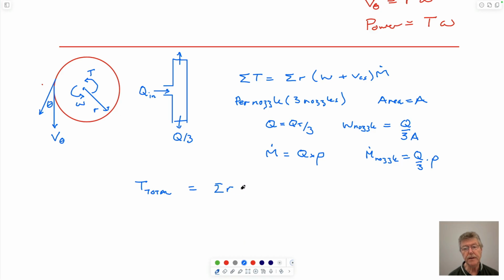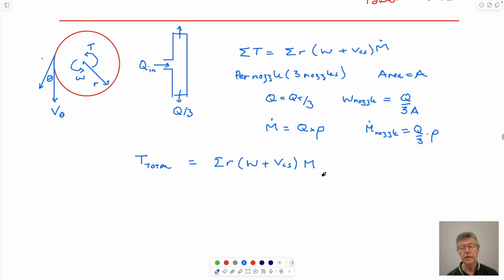Sum of radius times the velocity out of the system plus velocity of the control surface, multiplied by mass flow rate. And so the mass flow rate would be this.